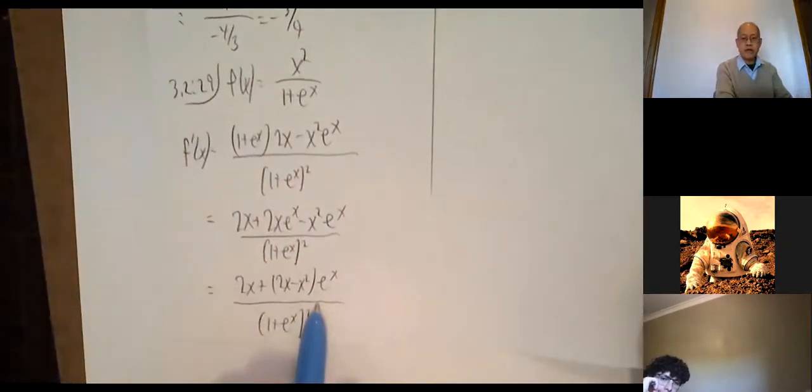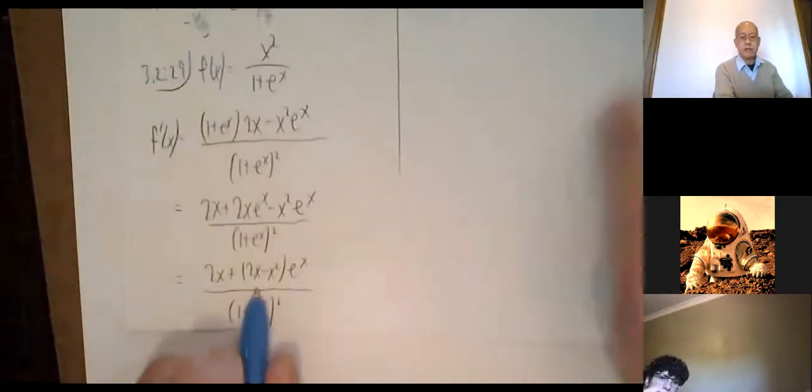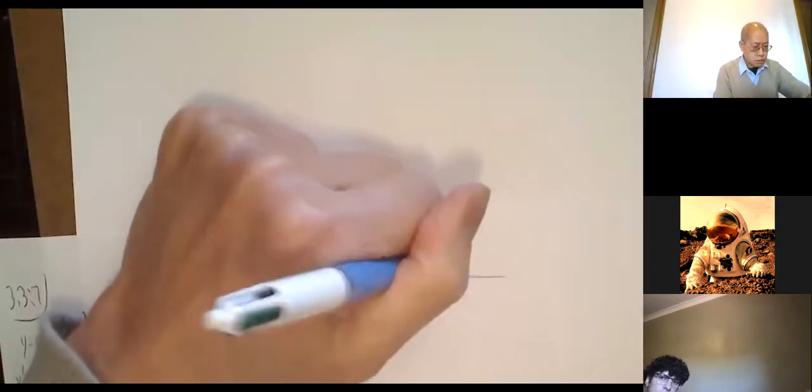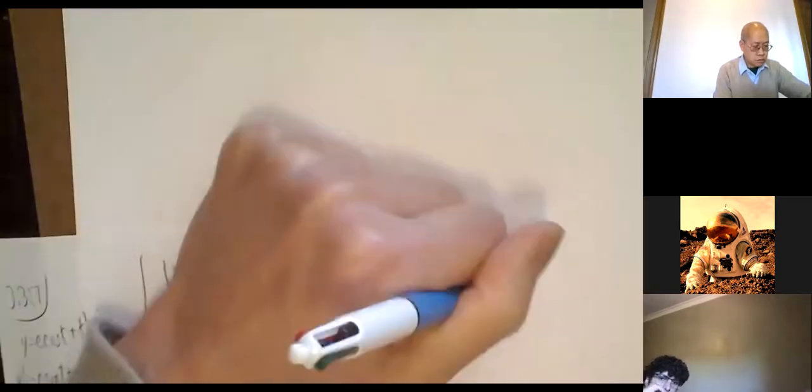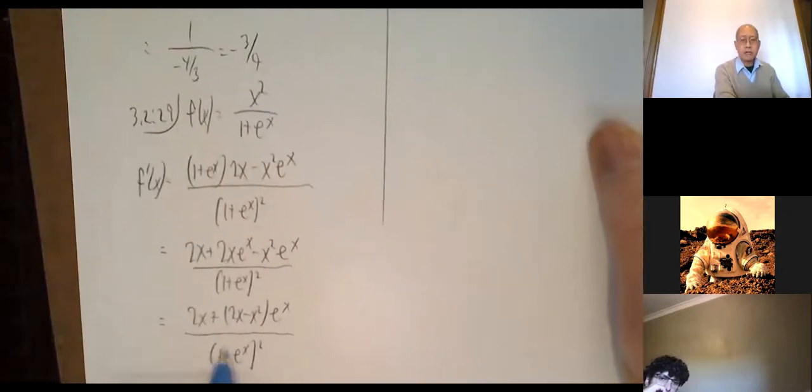Okay, plus the second function, e to the x, times the derivative of the first. Derivative of this is 2 minus 2x. Okay, all of that was bottom times the derivative of the top.